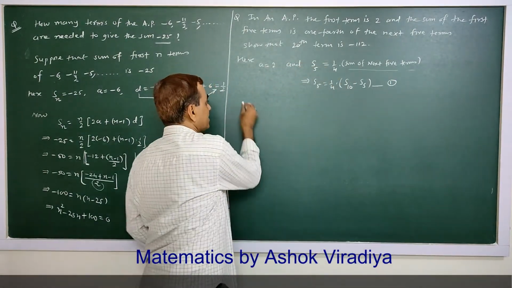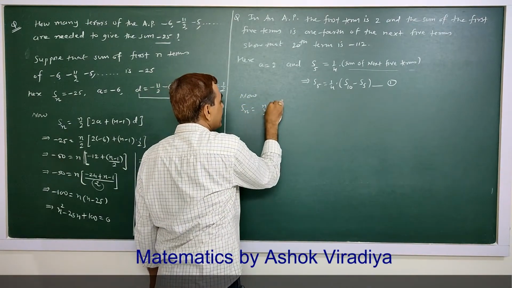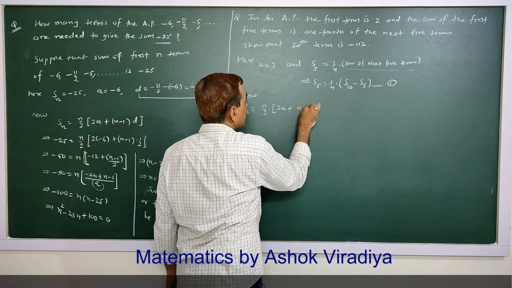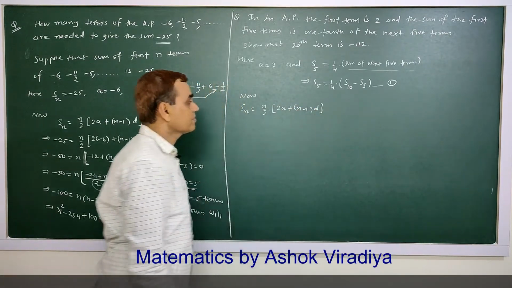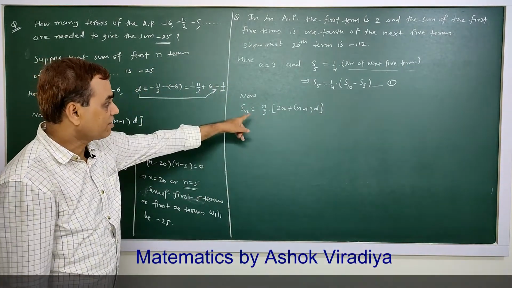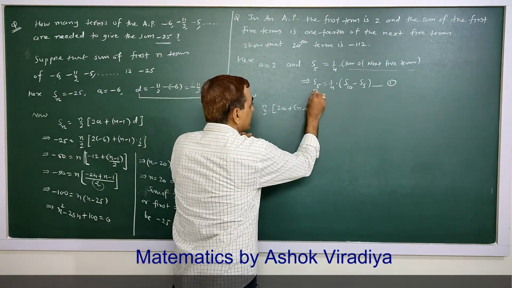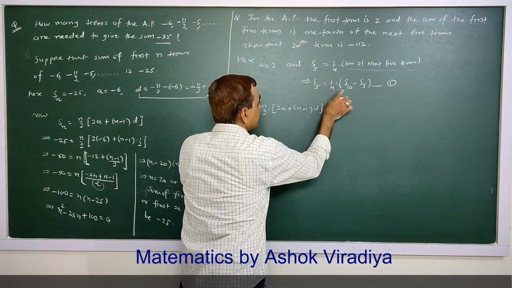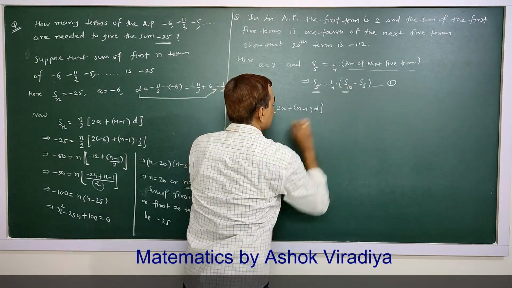Now Sn is n by 2 into 2a plus n minus 1 into d. This is the formula for the sum of n terms. From this formula we calculate S5 and S10, and substitute these values in equation 1.